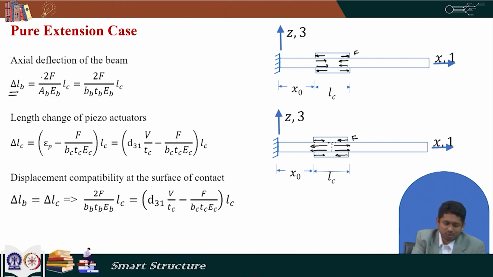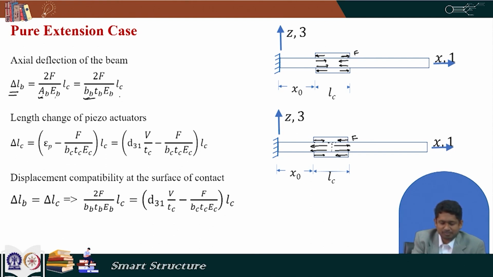So, if we divide this 2F by this area of the beam, which is AB, that gives us the stress, and then if I divide by the elastic modulus of the beam, that gives me the strain, and because the strain is same in this actuated zone, we can just multiply this by LC, the length of that actuated zone, and that gives me my expansion or contraction of the beam, that is delta LB. Now, I can replace AB by BB TB, and this is my full expression for the expansion or contraction of the beam, the axial deflection of the beam.